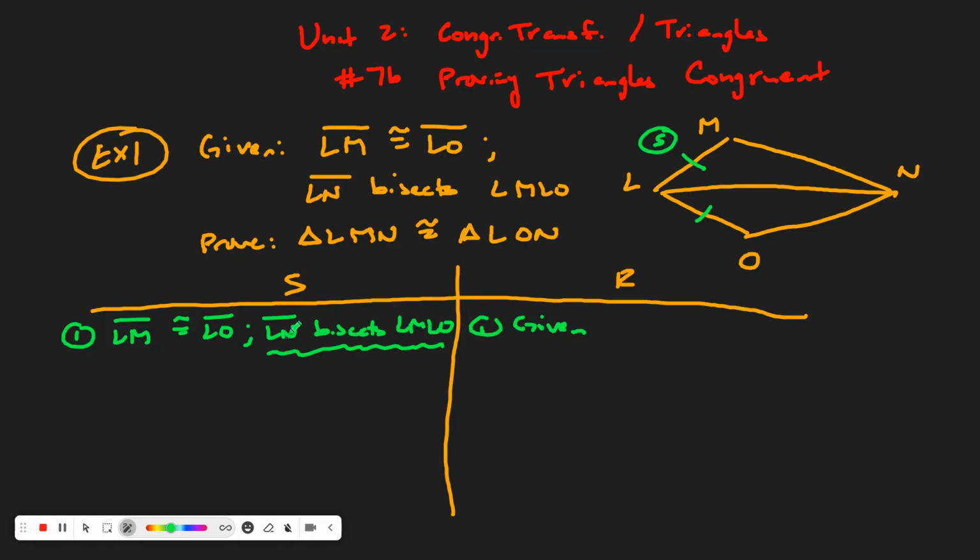Well, this is saying that segment LN bisects angle MLO. Angle MLO is right here. If that angle is bisected, then it is split into 2 congruent angles. So the 2 congruent angles it's split into are this one and this one.